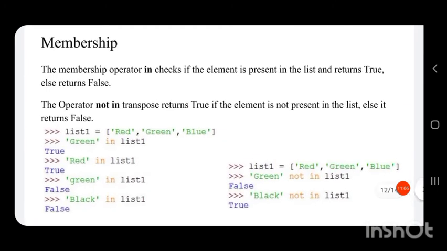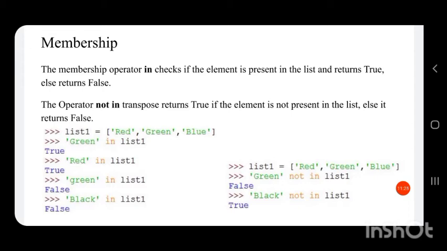Next is the membership operator. A membership operator, in, checks if the element is present in the list and returns true, else it returns false.